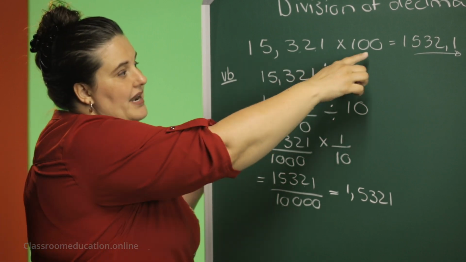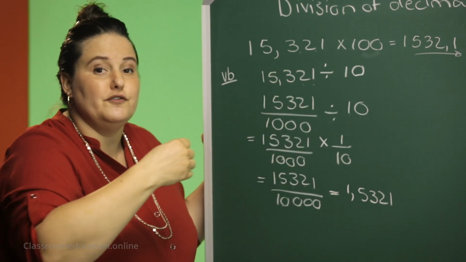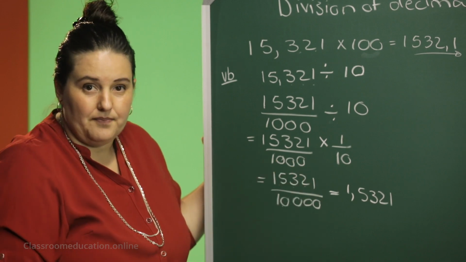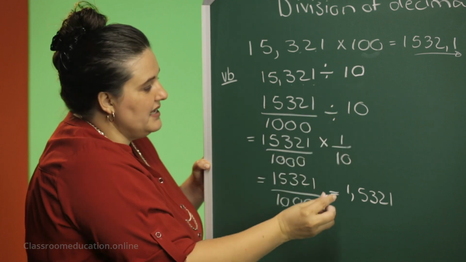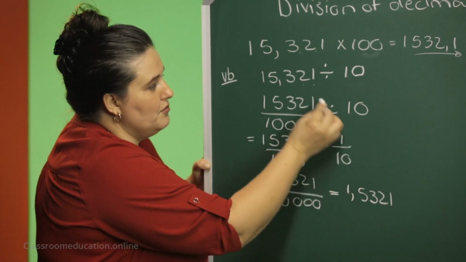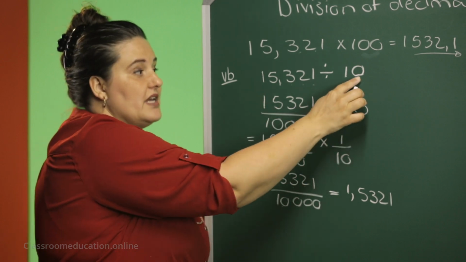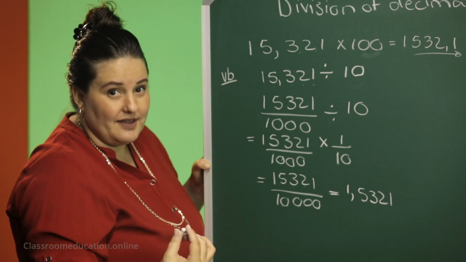When I multiplied by something like 100, the comma moved 2 spaces to the right-hand side, making my answer bigger. But if I now divide by, let's say, 10, it means that my comma is moving 1 space to the left-hand side because I had 1 zero there, making my answer smaller.